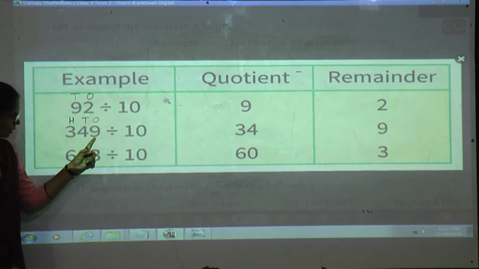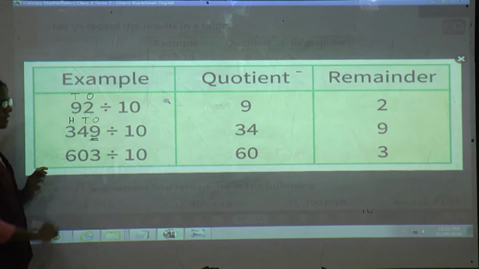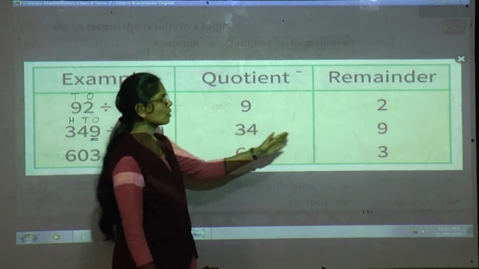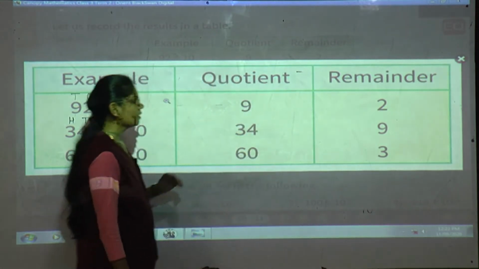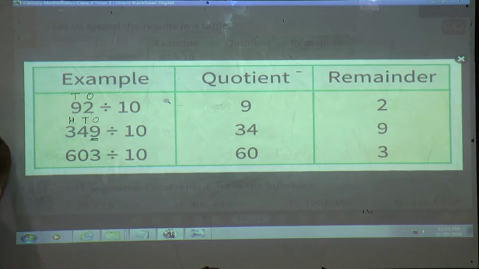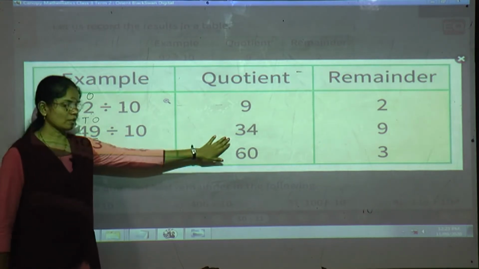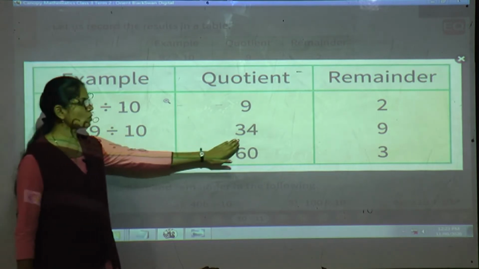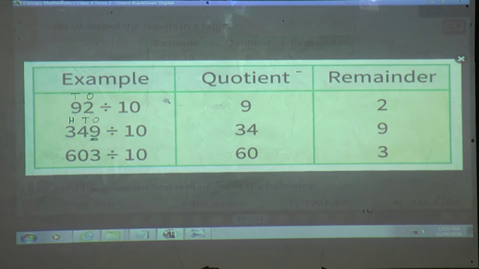In 349, at ones place, 9 is there, and after solving we got the remainder 9. Leaving the ones place, the remaining two digits, 34, will be the quotient. So after solving we got the quotient 34 and remainder 9. Clear?